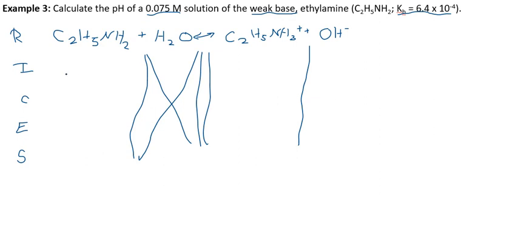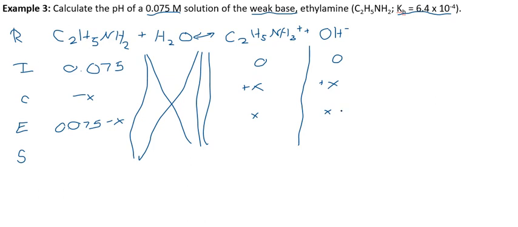My initial concentration of ethylamine is 0.075, while we can assume the initial concentration of the conjugate acid and hydroxide are 0. The reaction can only shift in the right direction because there are no products present initially. So my ethylamine will change by minus X, while my conjugate acid and hydroxide change by plus X. My equilibrium row is going to be essentially the sum of the initial and change rows.